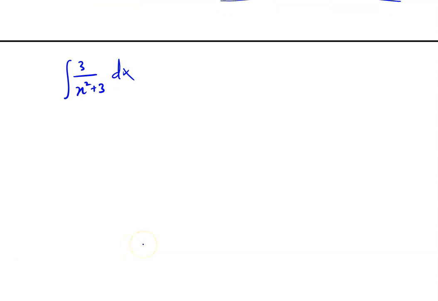We can say this is the same as the integral of 3 on x squared plus square root of 3, all squared. We can introduce something like this, and it becomes easy to integrate, dx.